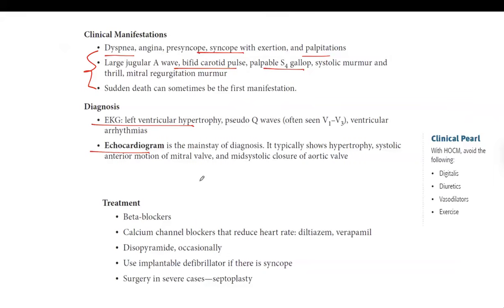Now, sometimes if it is not that bad, like early stage, if you do a resting echocardiogram, the resting echo might be normal. So if you have a strong suspicion, HOCM patients are quite young.